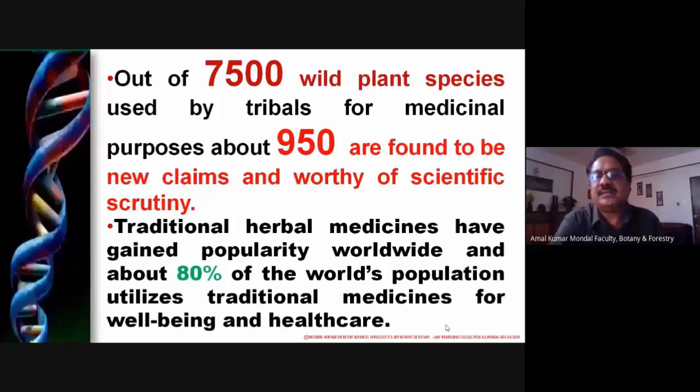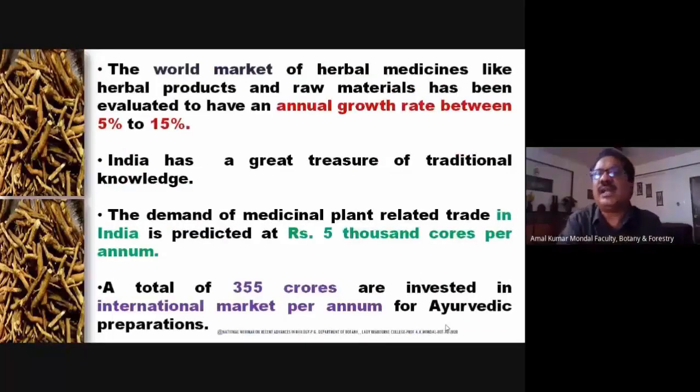The traditional herbal medicines have gained popularity worldwide, and about 80% of the world population utilizes traditional medicines for well-being and healthcare. The world market of herbal medicines, like herbal products and raw materials, has been evaluated to have an annual growth rate between 5% to 15%.